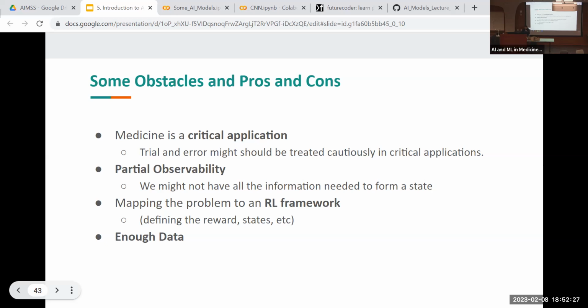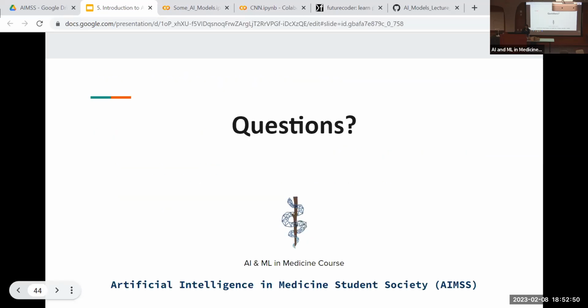We also need a constant stream of data, so we might not have enough data in many cases, but still it's an interesting field with many applications in medicine that you can, if you like, read more about. And that's it. Thank you. Any questions?